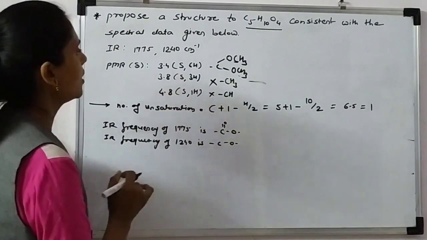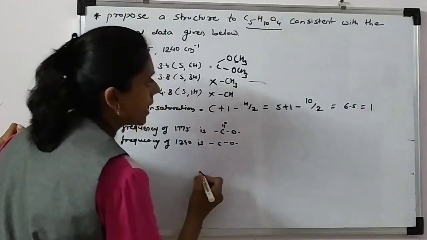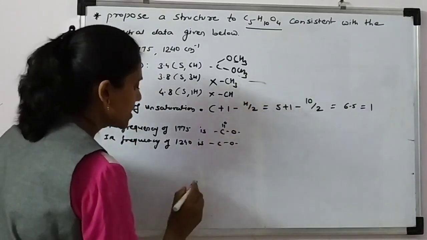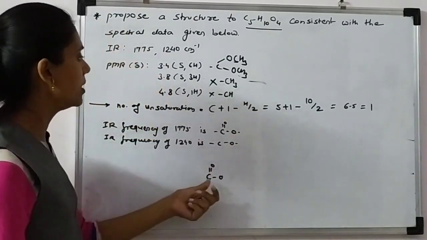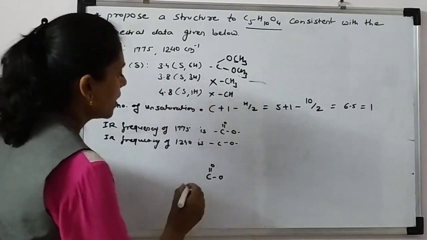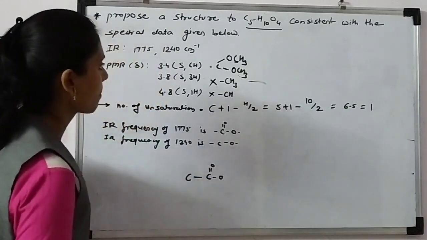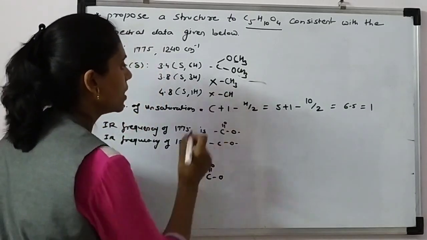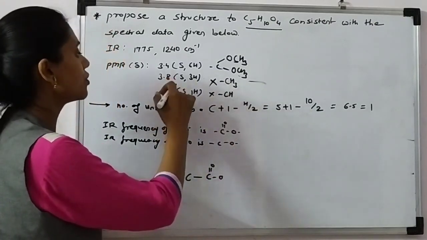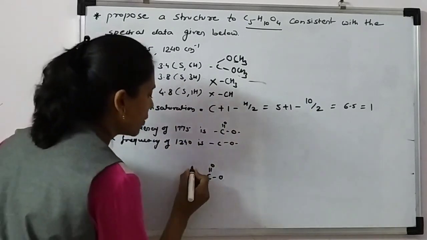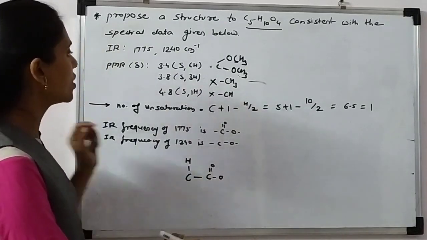We arrange the structure here. How many carbons are there? 5. 5 carbons, 1 unsaturation, and an ester group. So C double bond O, I write here first. We consider one carbon, and one H is there, and the value is increased, that means an electron withdrawing group is there, and ester is an electron withdrawing group. So I write CH and ester group.